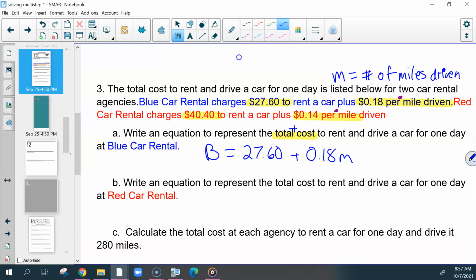We could have also used X or any other variable. So can we add these two together? No, they're not like terms.